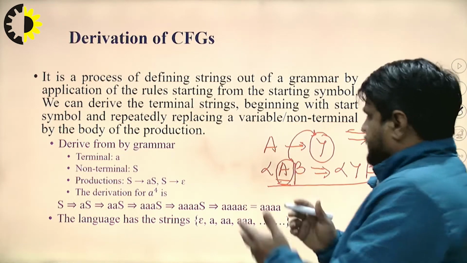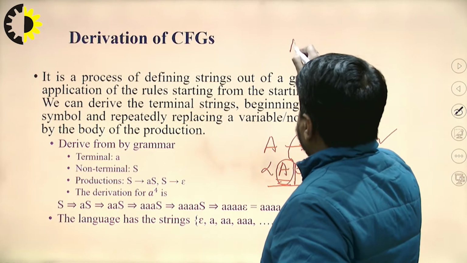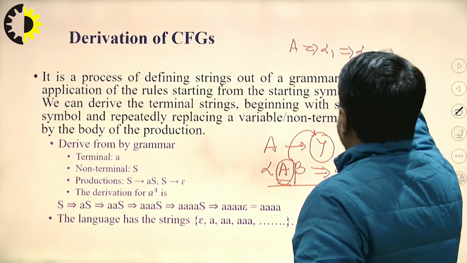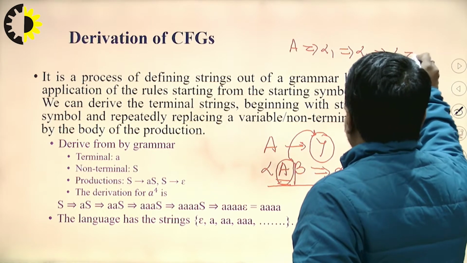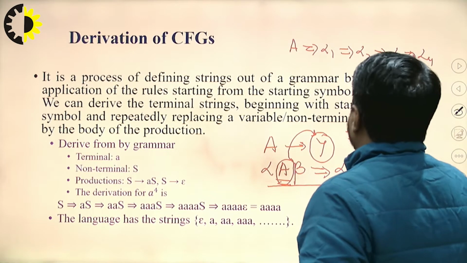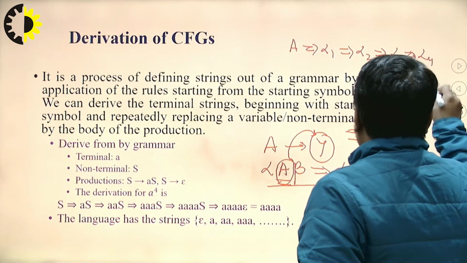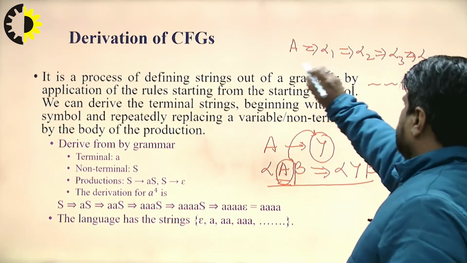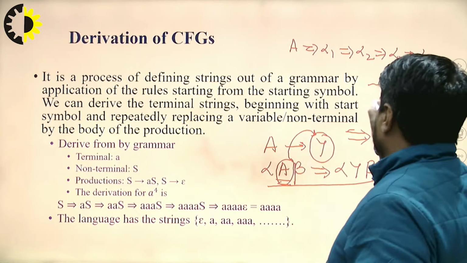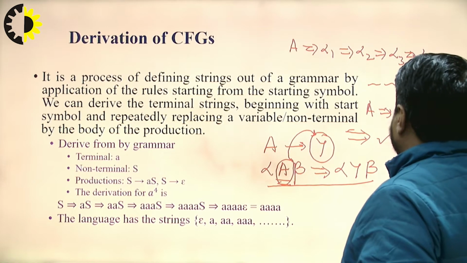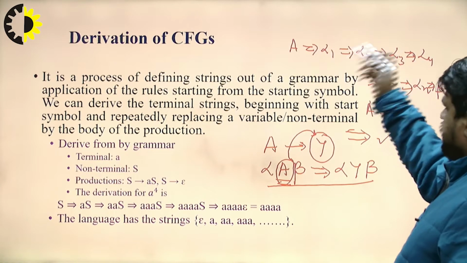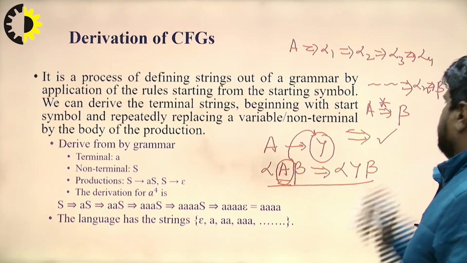If you perform the derivation in this form, A derives alpha 1, derives alpha 2, alpha 3, alpha 4, and so on up to alpha n, and after that it derives a string of terminals beta. In shorthand notation, if you skip many steps, you write A derives beta in 0 or more steps, so you append a star over the arrow.